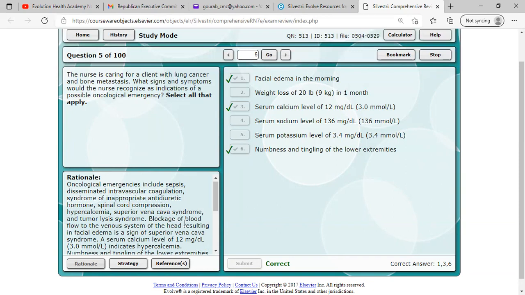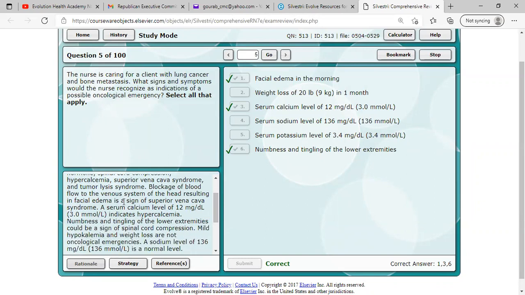Blocking of the blood flow in the venous system of the head, resulting in facial edema, is a sign of superior vena cava syndrome. So it is important to notify.